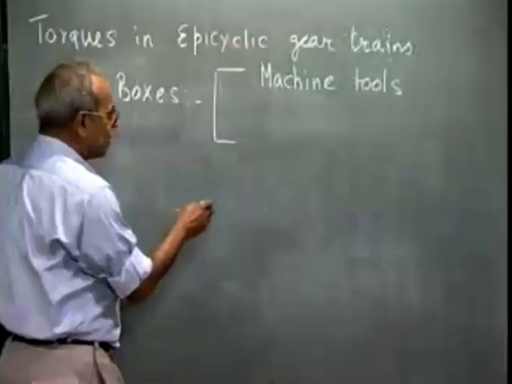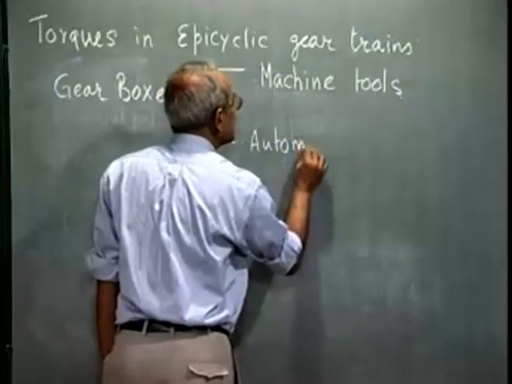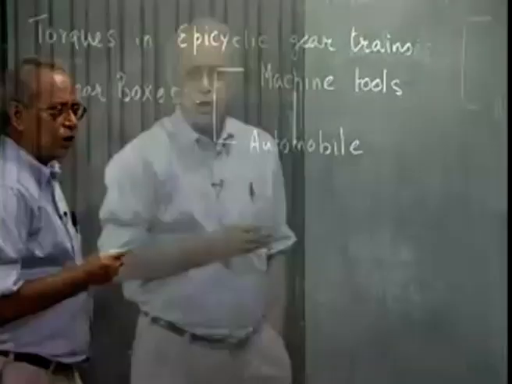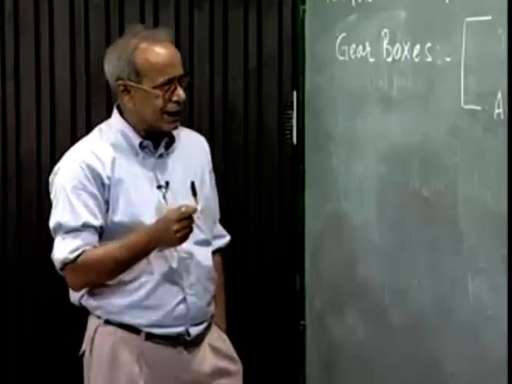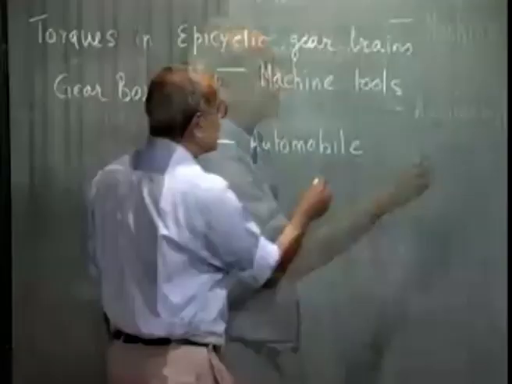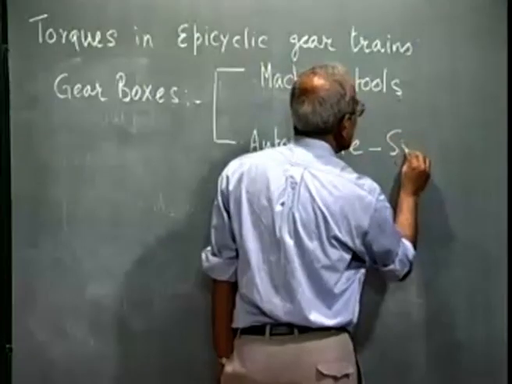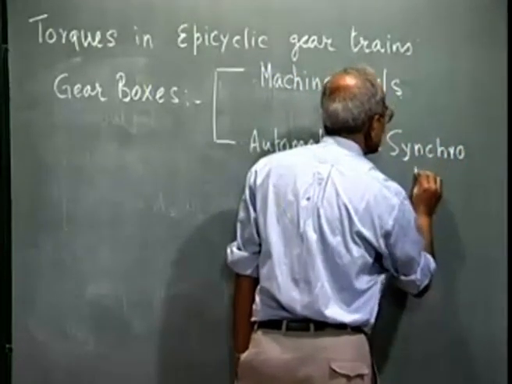Whereas in automobile we need to change the gears while the car is in motion or the input motion is on. We cannot switch off the car and then change the gears. We have to change the gear while it is in motion. For that, these gearboxes are more complicated, and we have to use what is known as synchromesh.